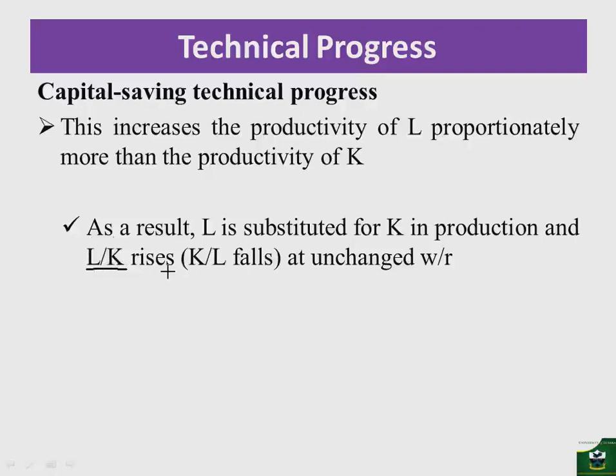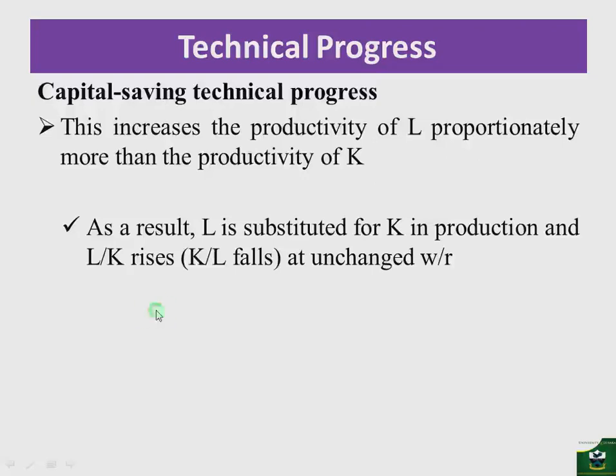Or looked at the other way, for the capital labor ratio K over L, if we are increasing labor because you are substituting labor for capital, the denominator here will grow while the numerator will be declining, and therefore the whole of this ratio will fall, at unchanged relative factor prices, where the wage over the rental price of capital remains unchanged.